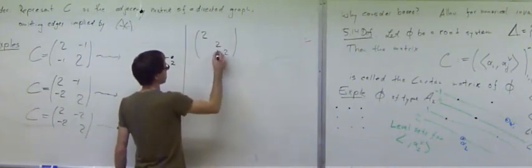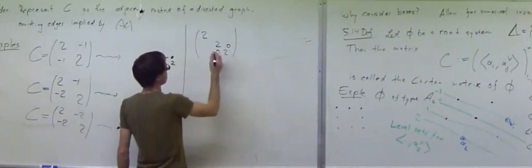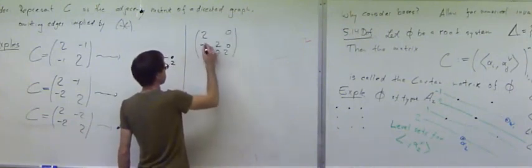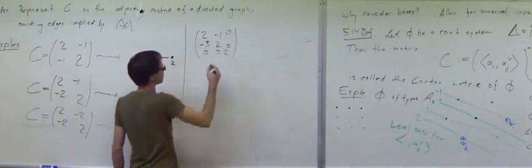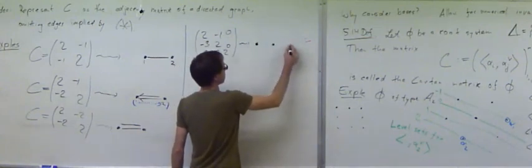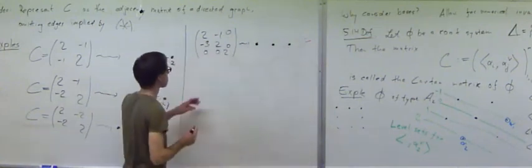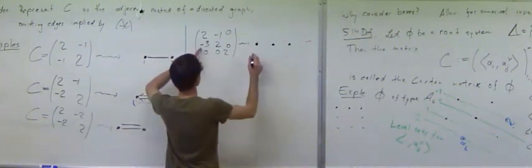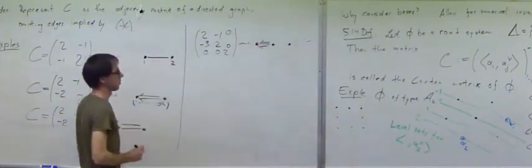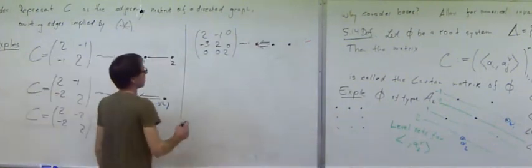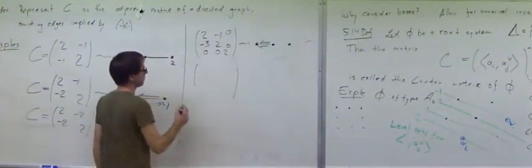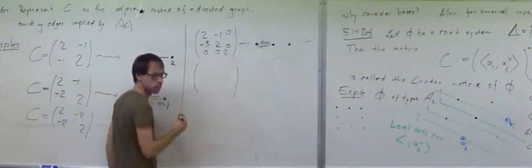There could be zeros here and there, and then a -3, -1. So what would be the diagram here? That would be 1, 2, 1, like this. Everything else is default.